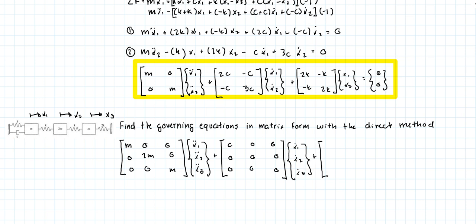Alright, the stiffness matrix. In the diagonals, you're going to find the sum of all the stiffness values that are attached to that block. So the first element of the diagonal will be k plus k. That's 2k. The element to the right will be the stiffness value of the spring attaching mass 1 to mass 2.